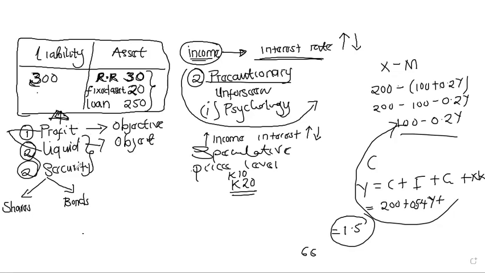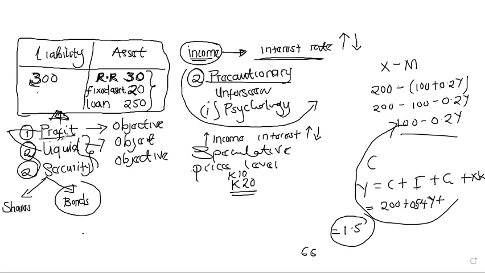Then securities as well, because you want to keep money liquid so that people can come and always withdraw. You also have securities, which when you go and invest, it means you won't have the money here, because these securities are just the other way that the bank can make money apart from loans. Okay, so you can see that these objectives are conflicting one another. If the bank wants to make more profit, they have to loan out all the money.